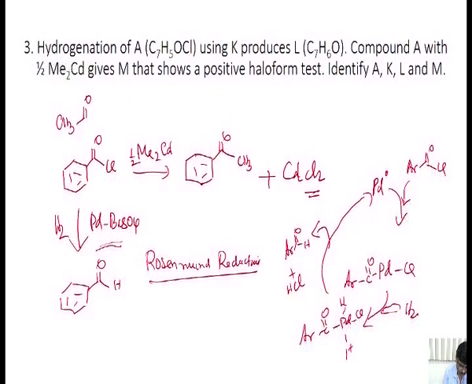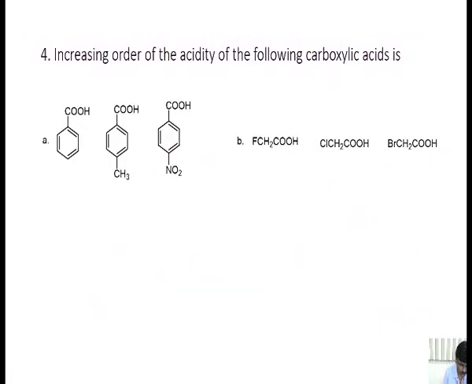You have to try to remember the palladium should be supported on barium sulfate, then you can carry out the hydrogenation reaction to give the aldehyde as the product. Now let us look at the next example.